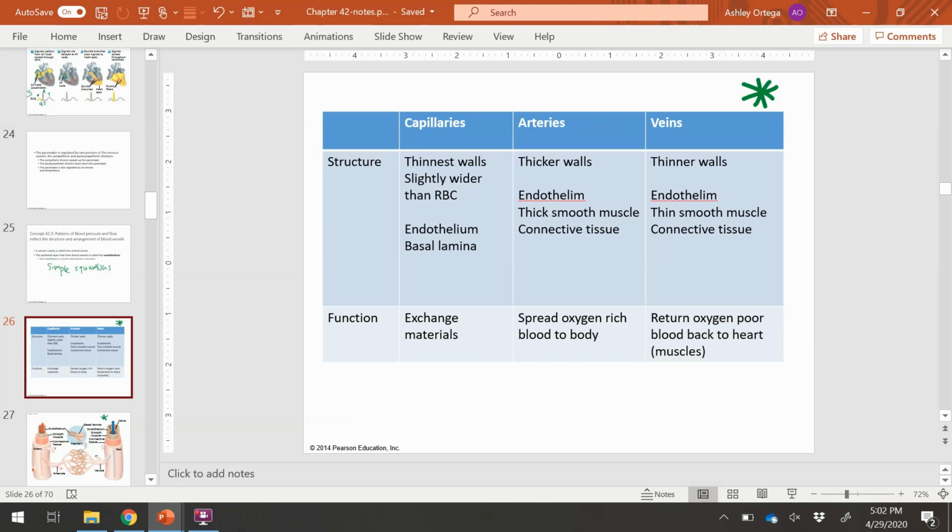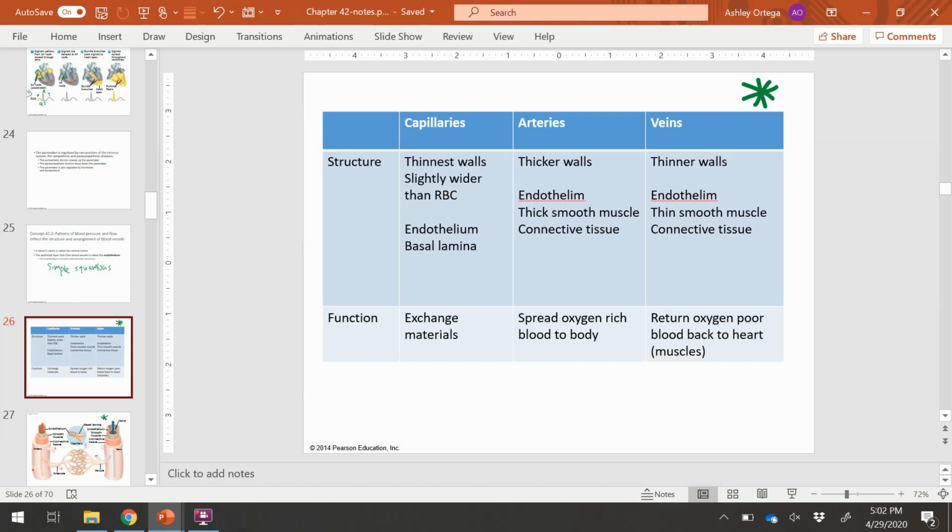It's very thin and functions in exchanging materials. So the nutrients, gases like carbon dioxide and oxygen, hormones, and other things like viruses and bacteria can be exchanged through the capillaries.